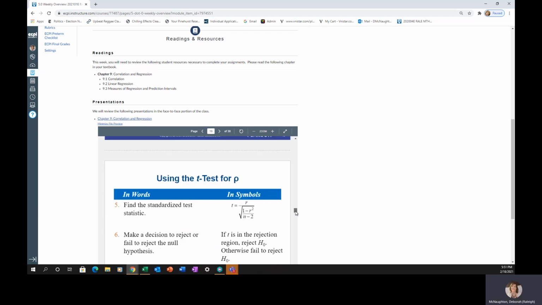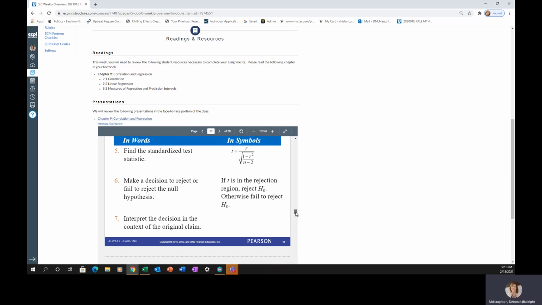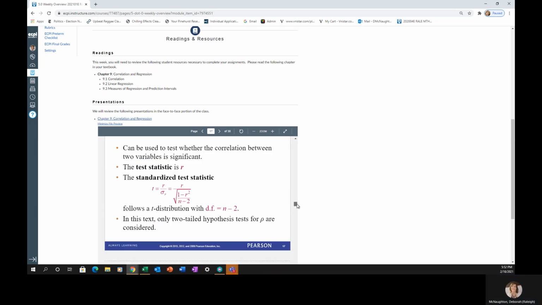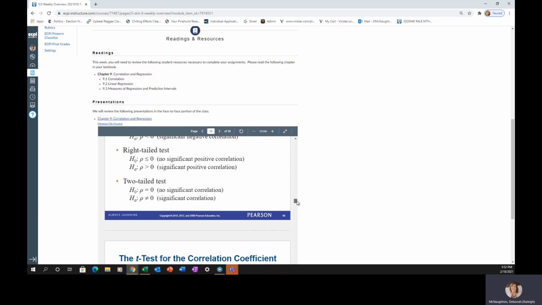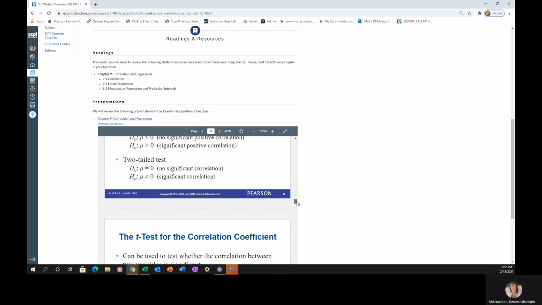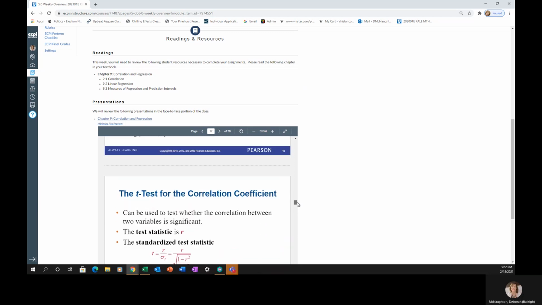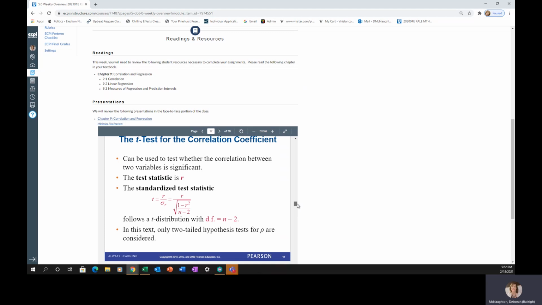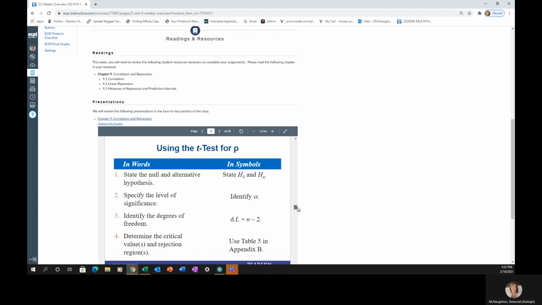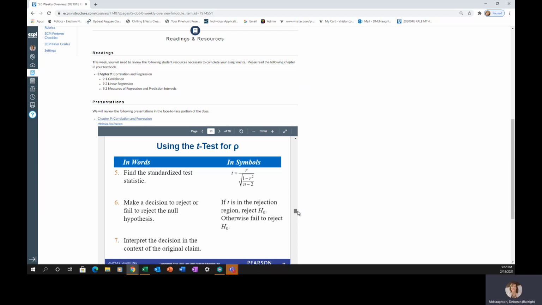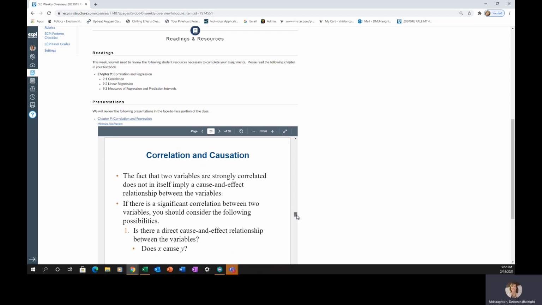Okay. Find the critical value, make a decision. If T is in the rejection region, fail to reject. We're not in the rejection region. So we fail to reject H naught.